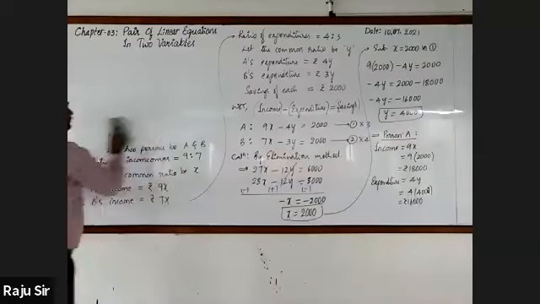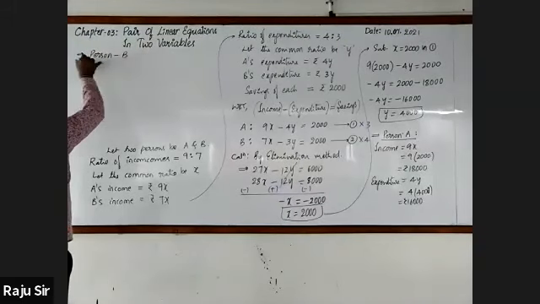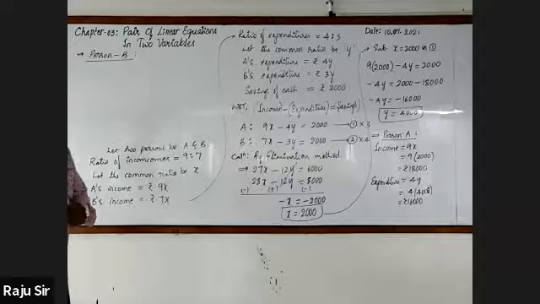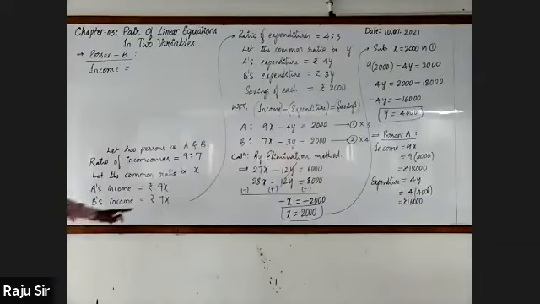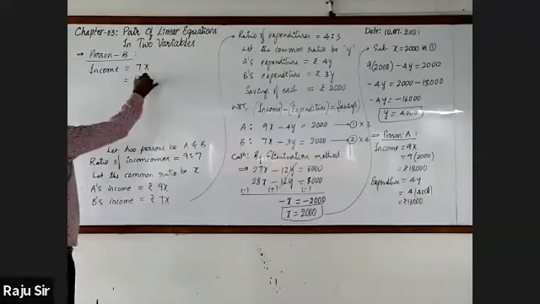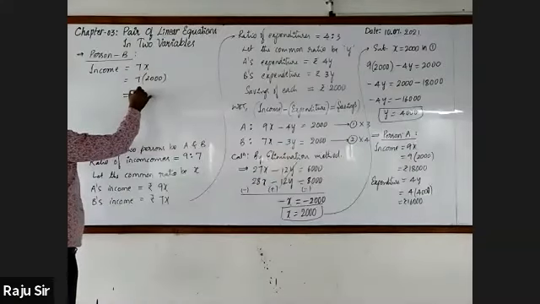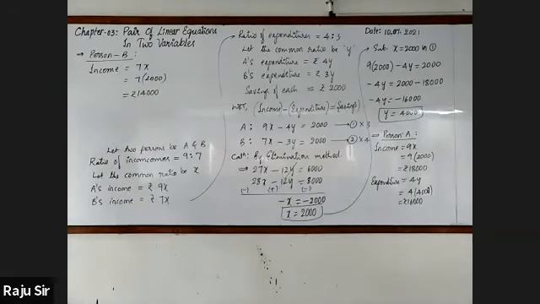With respect to person B, his income is 7x, where x is 2,000. It will be 14,000 rupees.